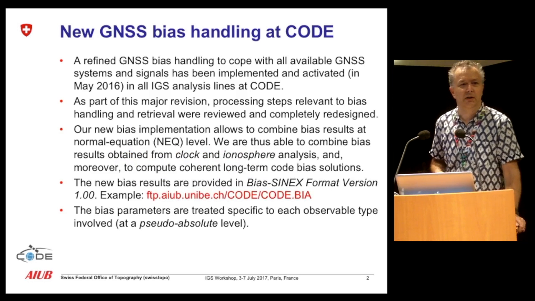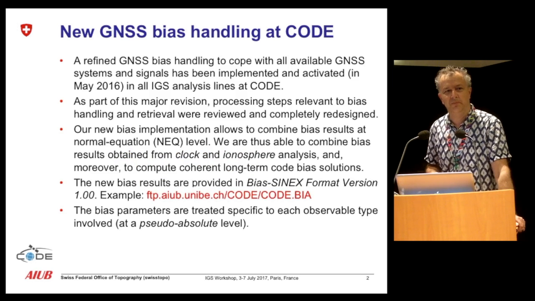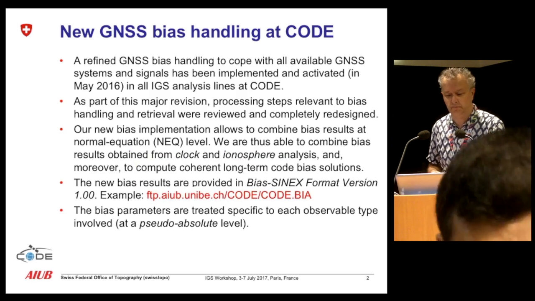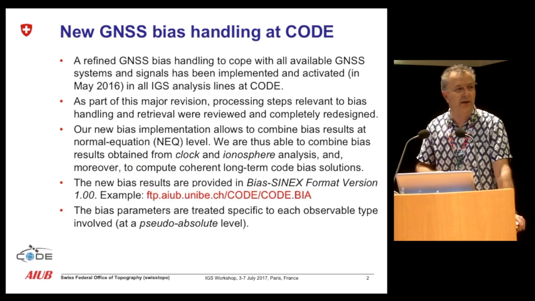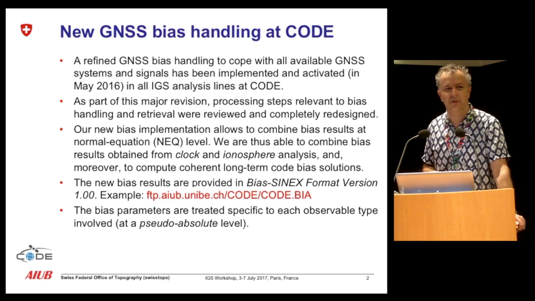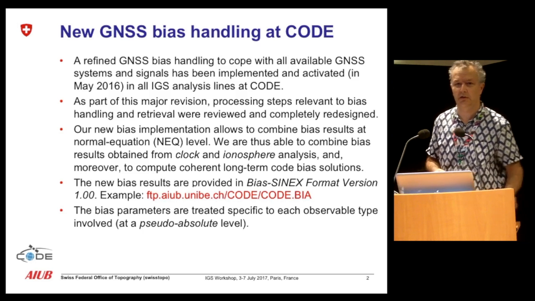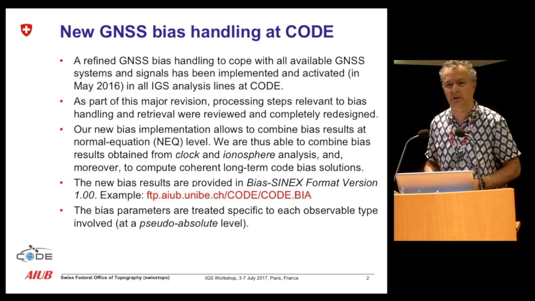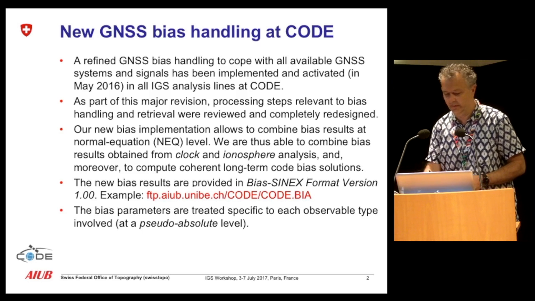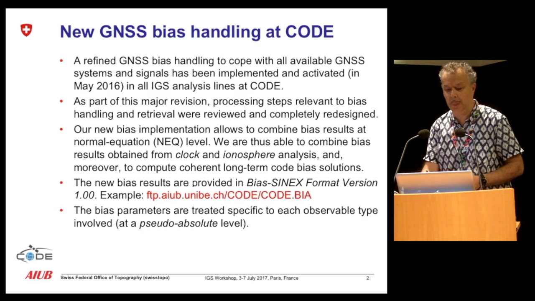This is, as we typically produce, a sliding 30-day combination. Indicated in red is that the FTP server address has changed, so the old address is still valid, but soon you will have to use the new address.